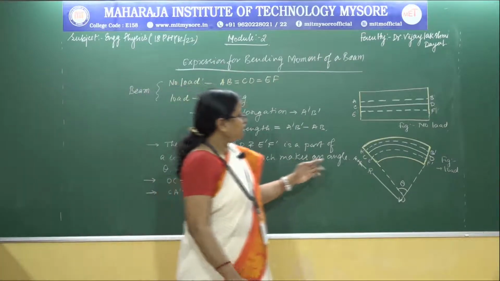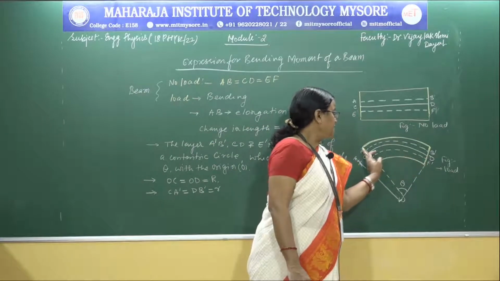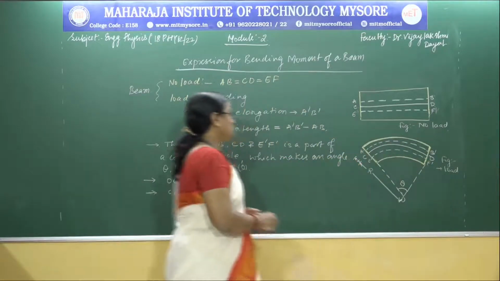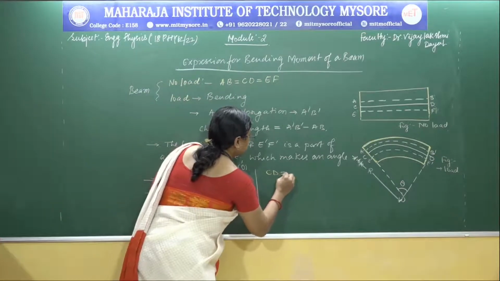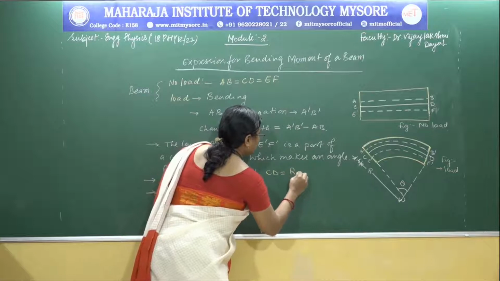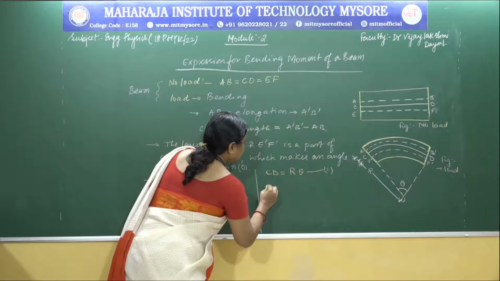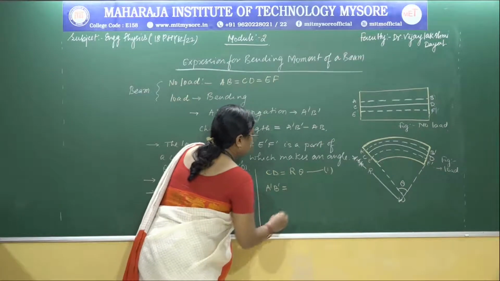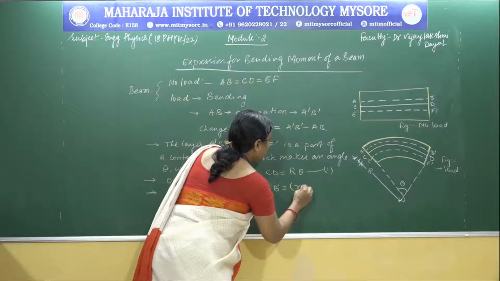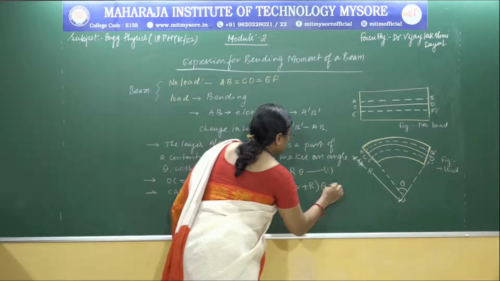So if we want to find the arc lengths CD and A'B', what do we get? CD is equal to R into theta, and A'B' will be equal to (R plus r) into theta.